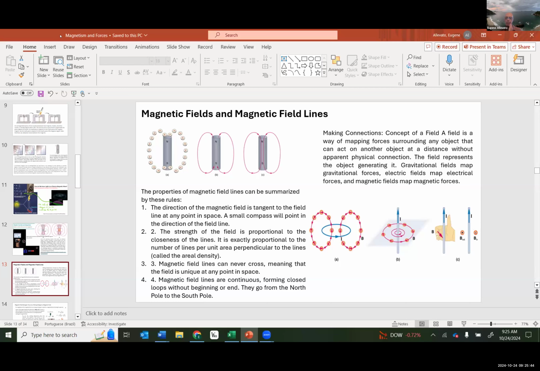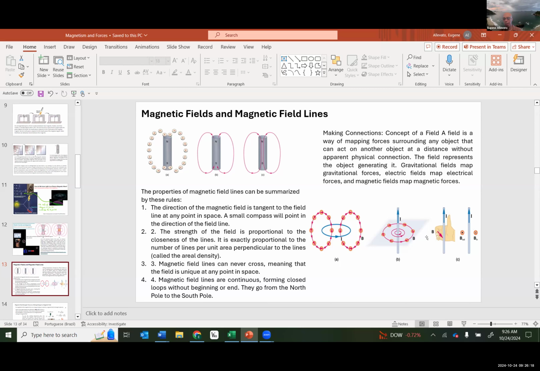Now, magnetic field and magnetic field lines, right? You have here on B a wire, and the current is going up. If you use your right hand, with your thumb pointing along the current and your fingers going around the wire, they indicate the direction of the magnetic field, right?